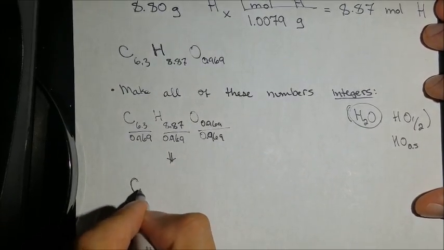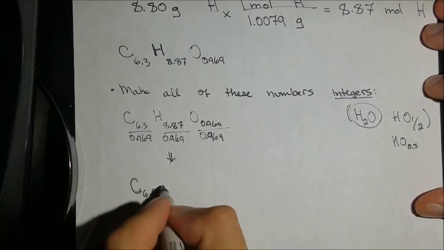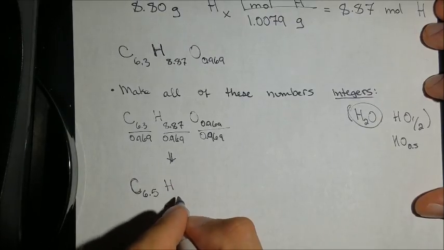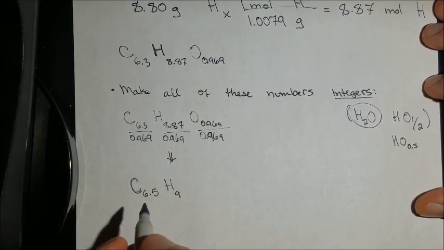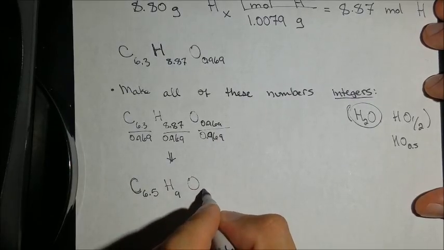Carbon's coefficient now becomes 6.5. Hydrogen becomes just about 9. They round, so you can round these up. And then oxygen becomes 1.